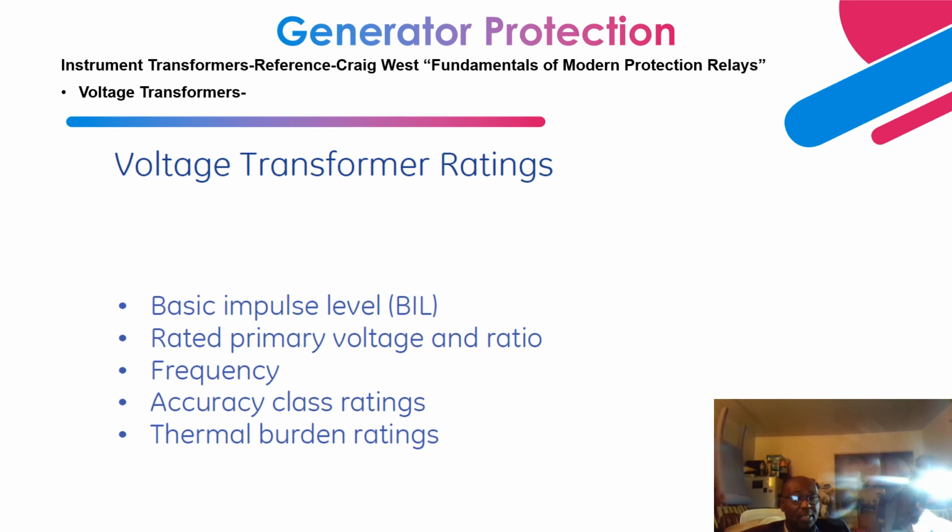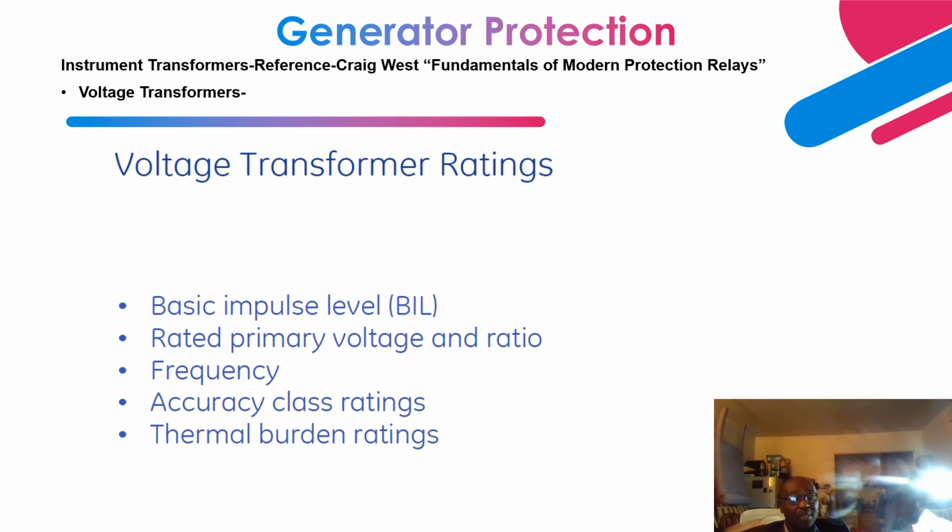Next, this helps us to determine the voltage transformer ratings, right? Remember that you have a basic impulse level that is based on lightning and switching circuits, and basically you select based on your voltage class. With the voltage class, you do insulation coordination to make sure that what you have selected is okay.